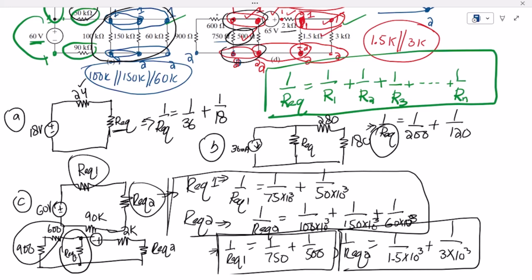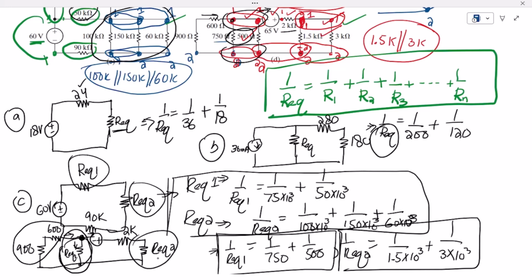Because once the current enters through this node, it will be divided in these two, and the other current will flow through it. Similarly, all the current will flow towards this node, the current will be divided here, and the remaining current will flow through it. So it will not matter whether we connect this R equivalent 2 here or the two resistors in parallel here. Therefore I have connected it like this.